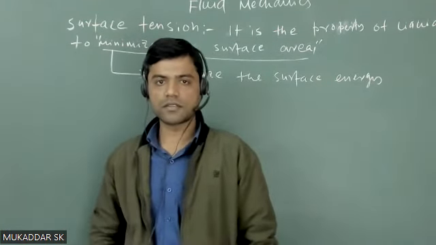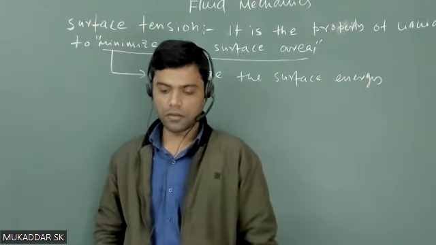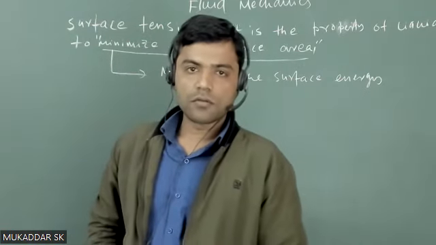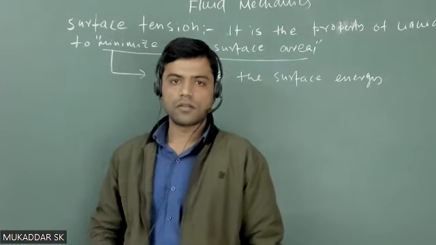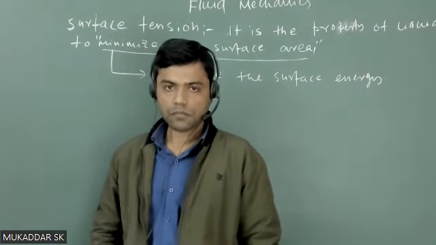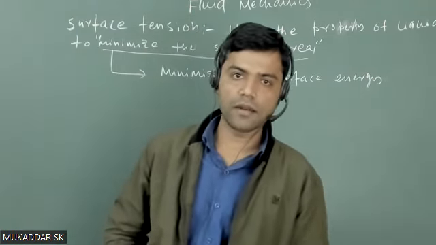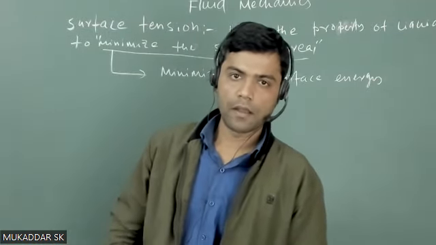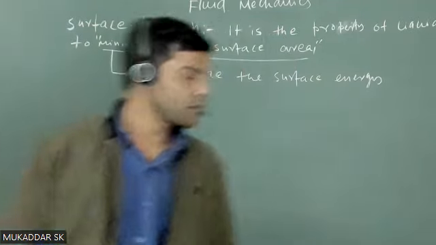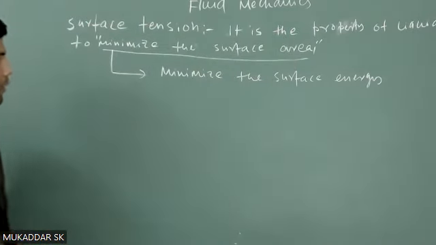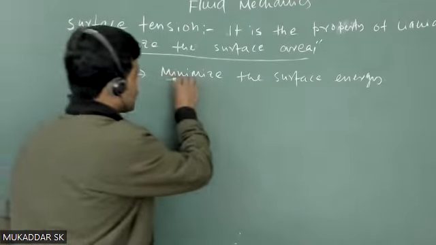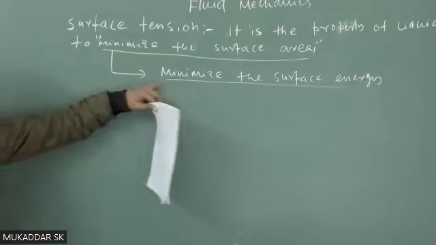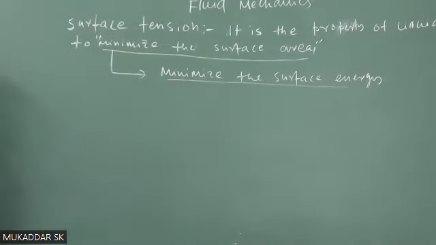This is the necessary condition to achieve stability. The energy of the system should be minimum, the ground state energy, and that energy will be minimum in the case of liquid when the surface energy is minimum, and the surface energy is minimum when the surface area is minimum.